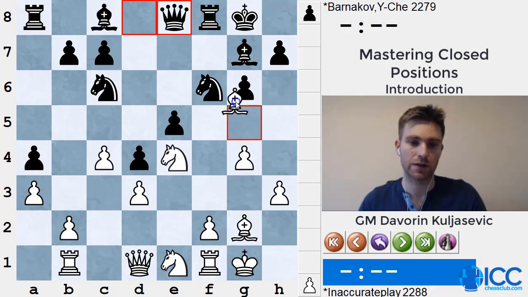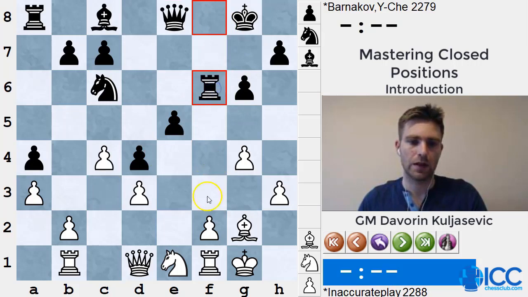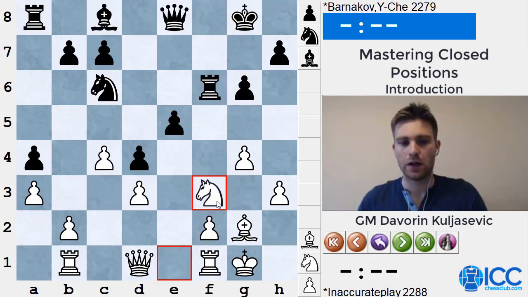So let's see, like this: bishop takes, we make the exchange, and try to bring the knight closer to the center finally. Here we can either try to attack the e5 pawn by putting our pieces on the e-file. At some point we can also maneuver the knight to e4. It's important that the bishop on g2 is very active as well.